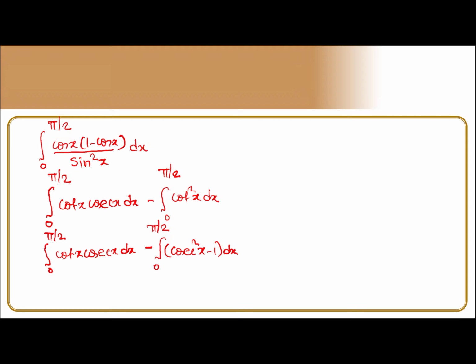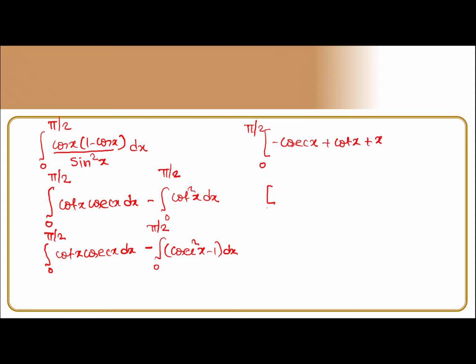So finally what we get is, the integral of cot x cosecant x is minus cosecant x, plus cot x, plus x. Why? Because the integral of minus cosecant square x is minus cot x, so minus minus becomes plus.